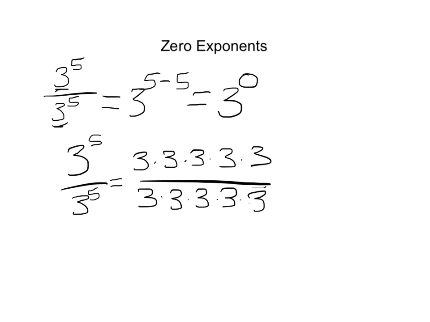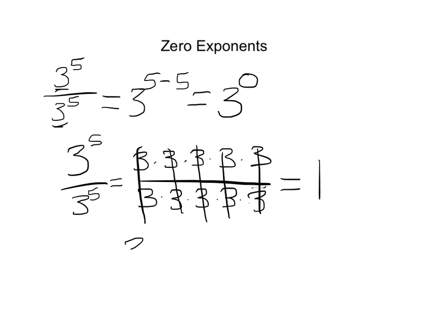Now, if I divide out all of the common factors in the numerator and the denominator, I would be canceling these out. So 3 divided by 3 gives you 1, 3 divided by 3 gives you 1, and you get that same thing over and over again. So 3 to the 5th over 3 to the 5th equals 1.